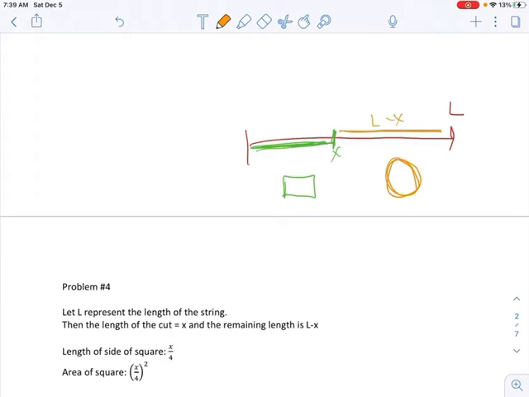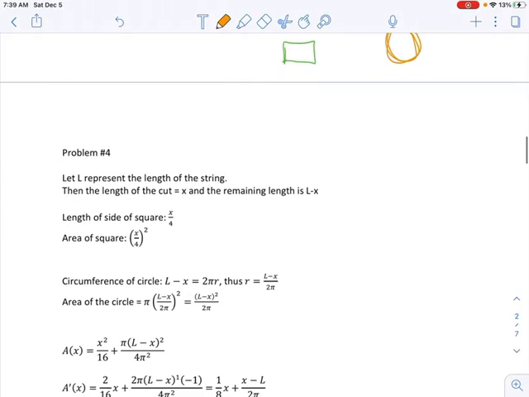And then obviously the circle gets smaller or larger as X changes. So we're going to let L represent the length of the string, and then the cut and the remaining is L minus X. So each side of the square is going to be X over 4.